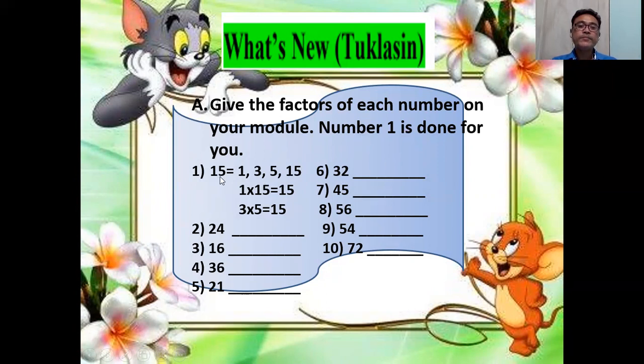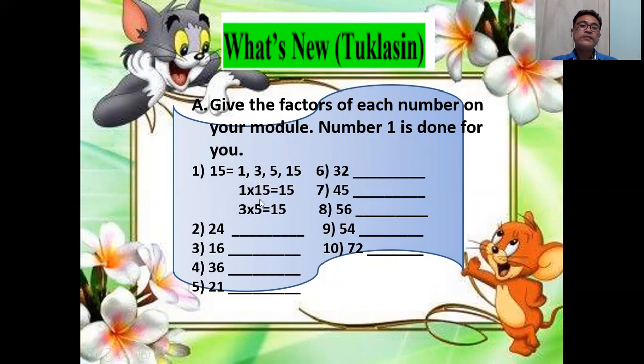The factors of 15, we have here 1 times 15 equals 15. 3 times 5 equals 15. So the factors of 15 are 1, 3, 5, and 15.